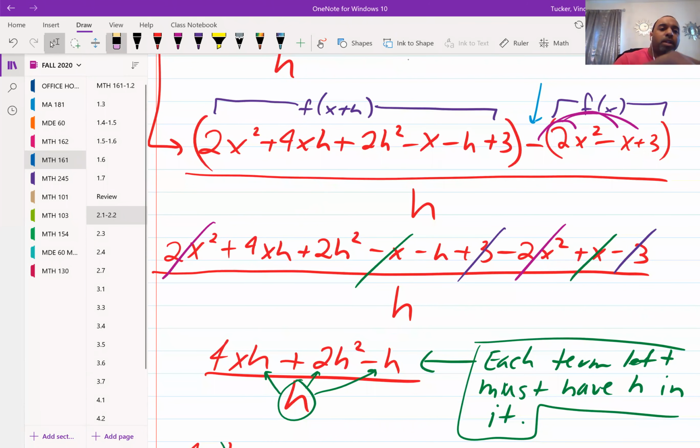So now when these terms cancel for us, each term left in the numerator must have h still in it. If that doesn't occur, then somewhere we went wrong with our calculations. So notice that's 4xh plus 2h squared minus h, and all of that is over h.